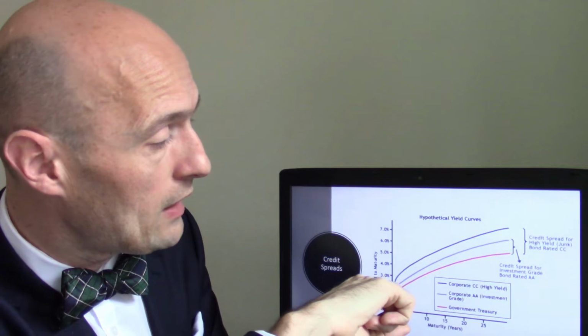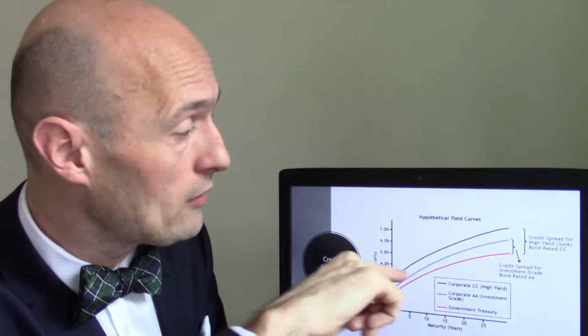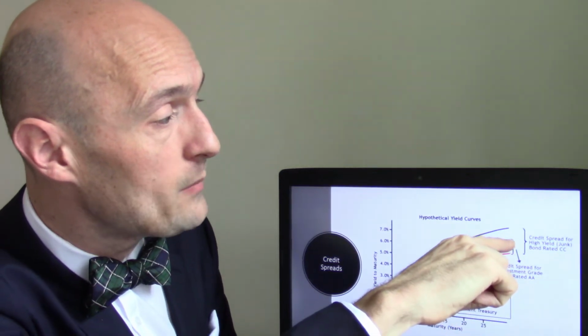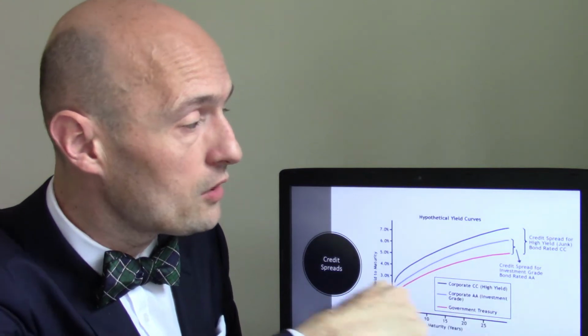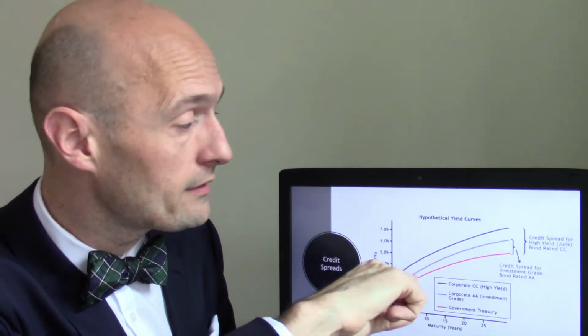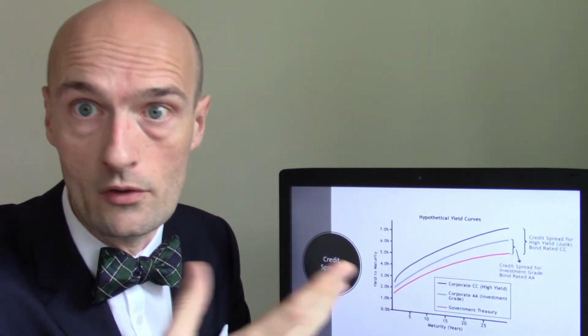This is a government treasury, so the red one here is the risk-free rate, and then we have a medium risk bond and a high risk bond. As you can see, across all of the different maturities, the interest rate is always higher on the riskier bond.